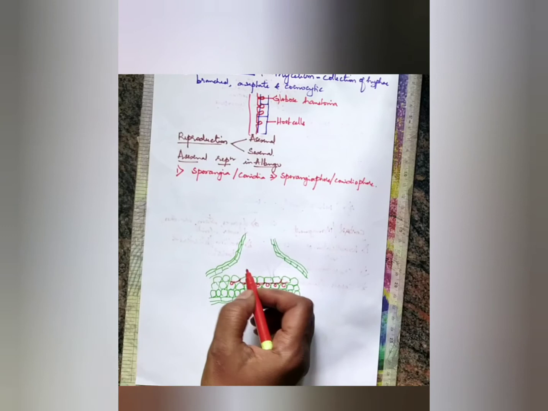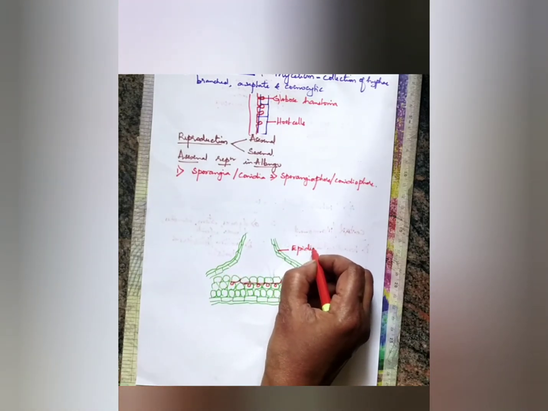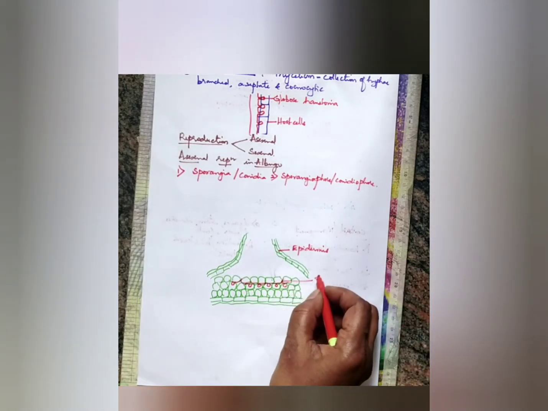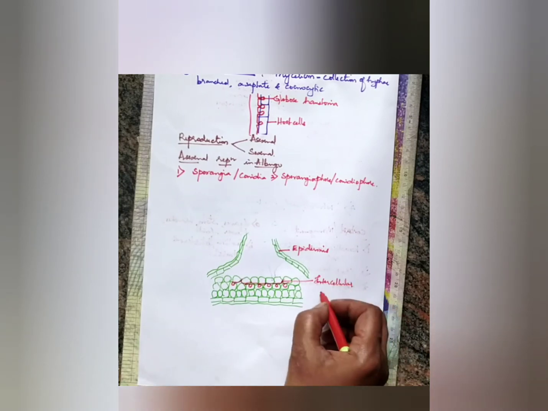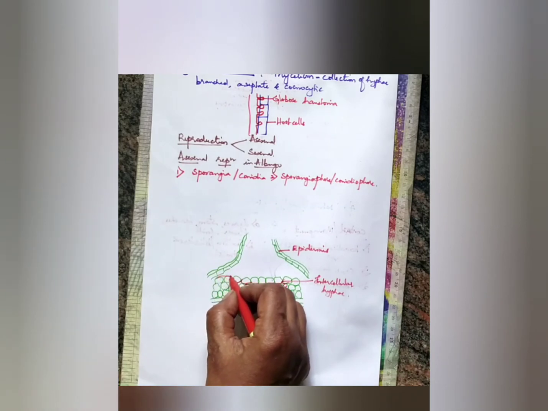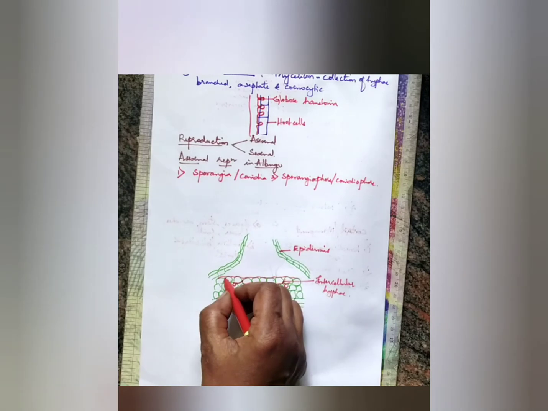And just below this is the upper epidermis of the host tissue, and these are the intercellular hyphae. It forms a dense mat of hyphae just below the epidermis.